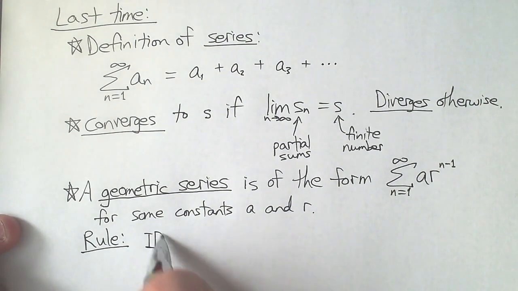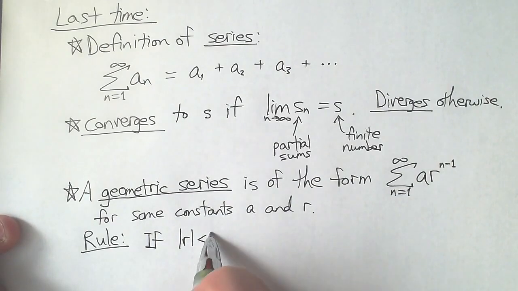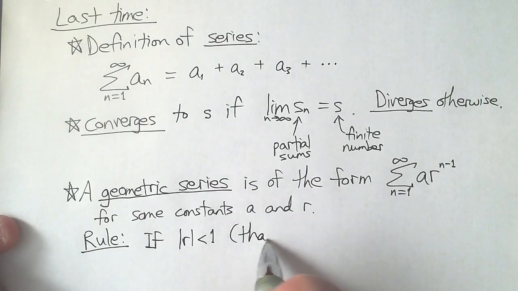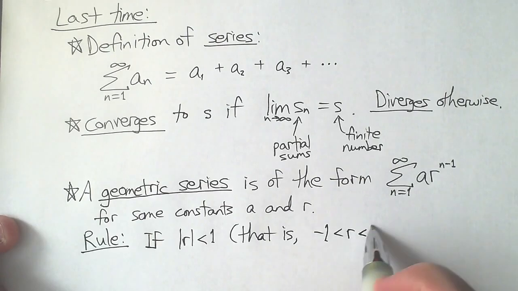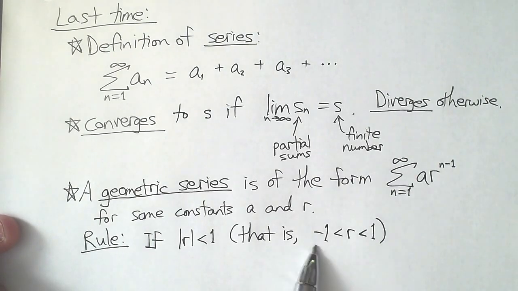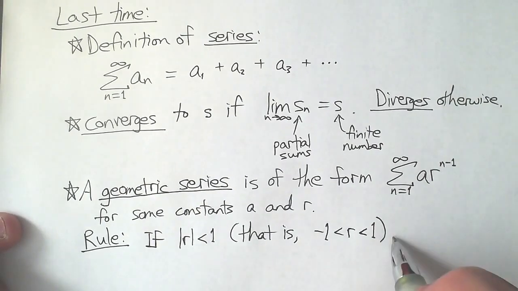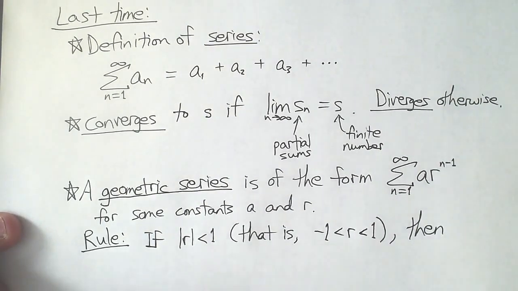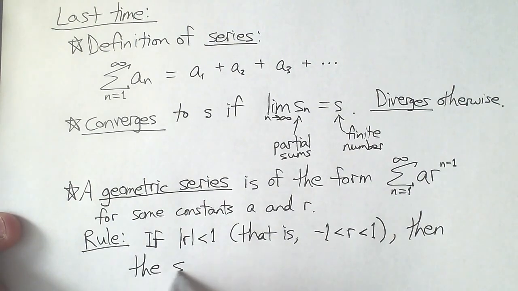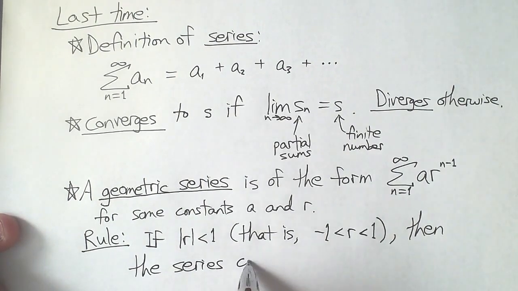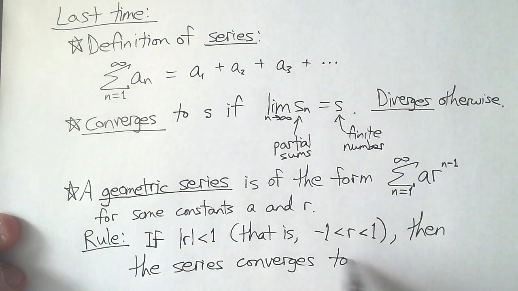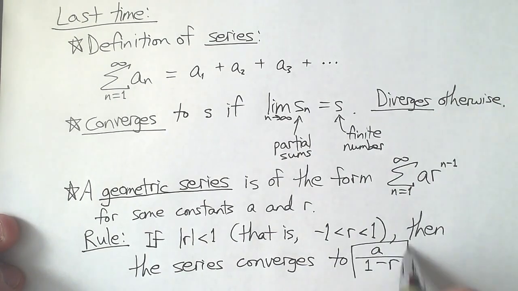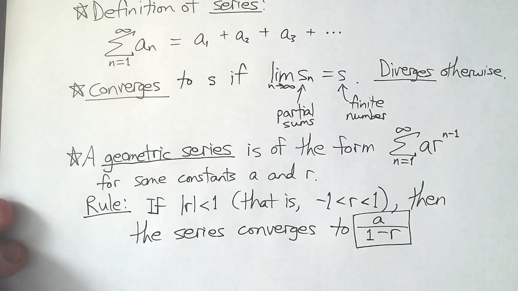And if R has an absolute value less than 1, and that's another way of saying that R is between -1 and +1, then the series converges. Not only does it tell us that it converges, but it tells us what it converges to. This little formula, A over 1 minus R.